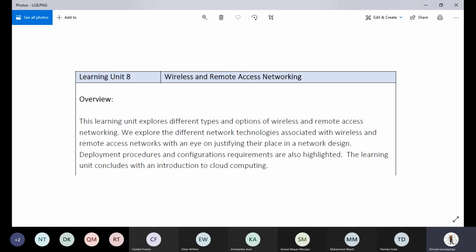So understanding what's happening with Wi-Fi, understanding what's happening with your wireless access points, for instance, and the common devices that are suitable for wireless networking. And I think that also introduces cloud computing as well, just understanding what's happening in that regard and why it's relevant there.